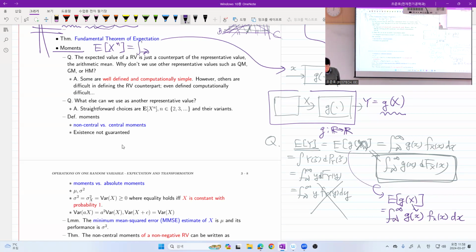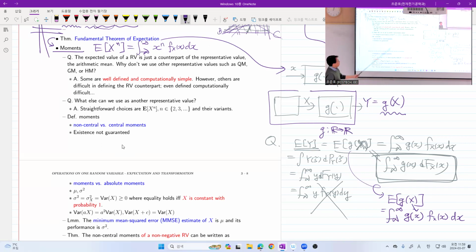We just need X raised to the power of n and the density function of X, dx. That's why I gave you the fundamental theorem first. Probably in your high school, middle school, even undergraduate probability courses, in many cases you will just say, okay, we compute the moments, it's X to the n times the density of X, dx.